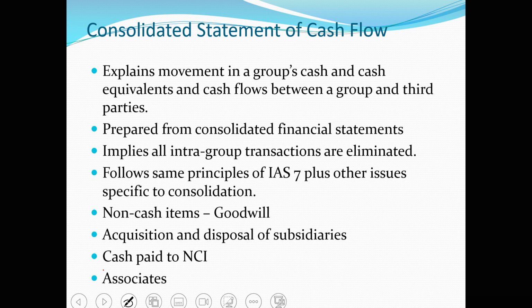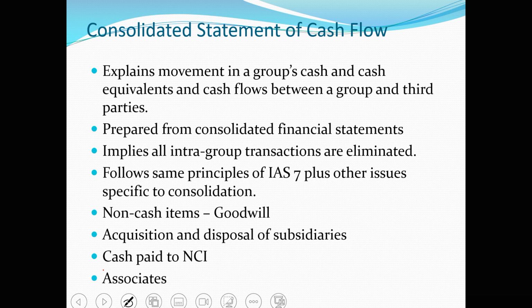So it means all intra-group adjustments would have been eliminated, all corrections would have been done. You'll be holding a consolidated statement of financial position and a consolidated statement of comprehensive income, and you use those to prepare your consolidated statement of cash flow.